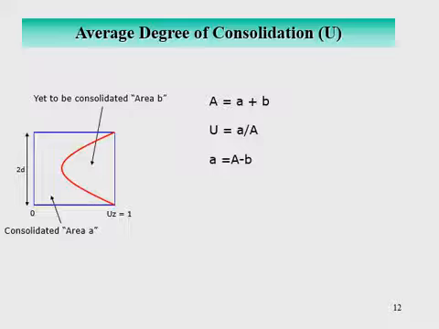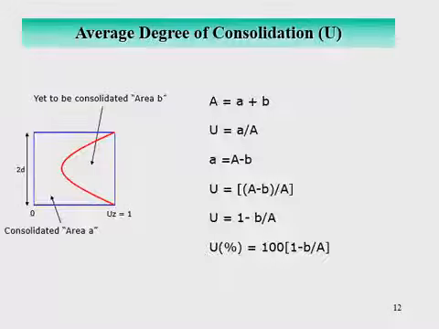A is equal to capital A minus B, right? So we can write A minus B over A, and that is 1 minus B over A, right? Or in percentage form, U would be equal to 100 times 1 minus B by A. So area A is the total area, right? And this B is this area under the parabola.